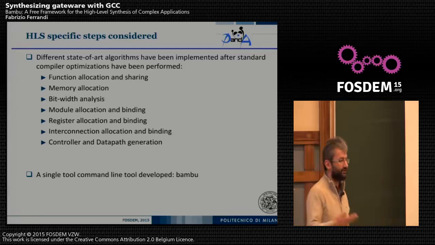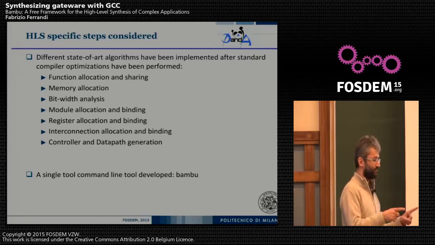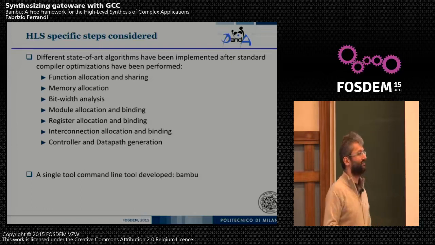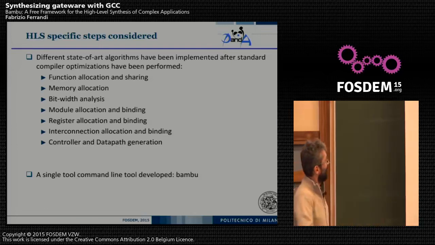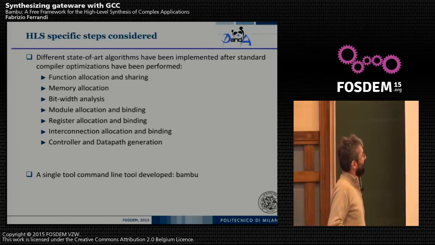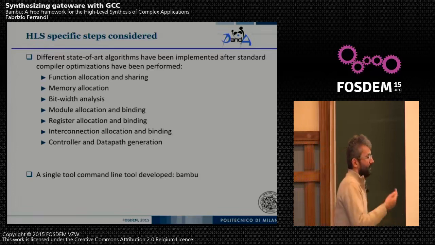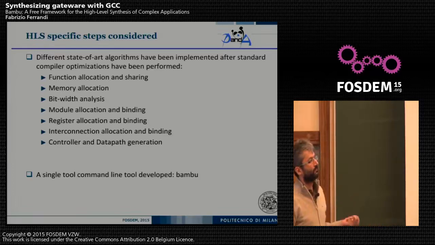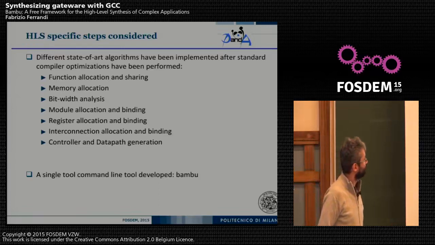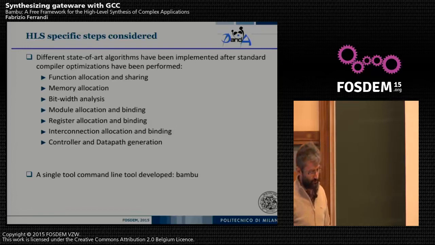In hardware, you need to perform some analysis in order to understand the bit size of the wires and stuff like that. Module allocation, register allocation, and generation of the controller and data path. At the end, we have a single command line tool that is able to start from a C description and generate VHDL or Verilog.